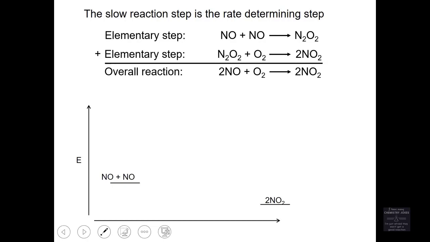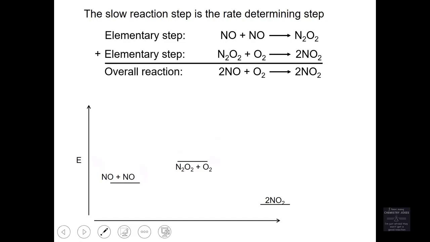But I know the mechanism here, so my reactants shelf is actually just the reactants of my first elementary step. My products shelf is the final products of my reaction, but in the middle, I have another shelf with the reactants of my second elementary step.